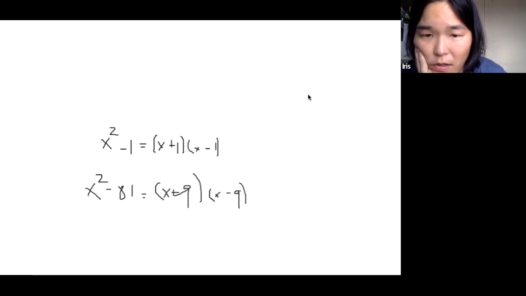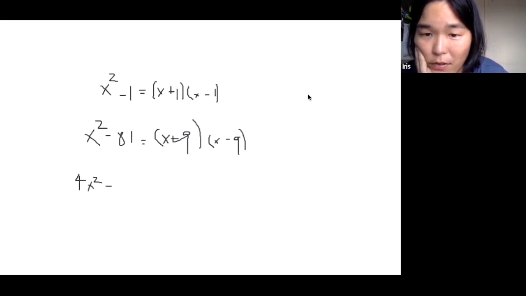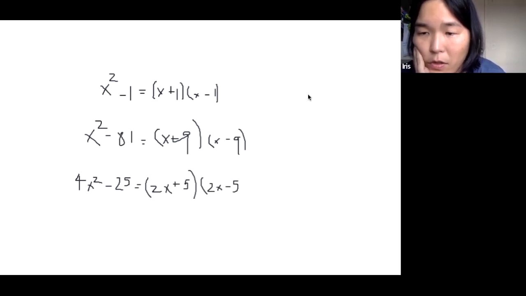It works for everything. I can even go a little bit more ambitious, like 4x squared minus 25. Hey, 4x squared is 2x squared, so this is going to be 2x plus 5 multiplied by 2x minus 5. I'm using the same pattern, the same formula over and over, just with some variation.